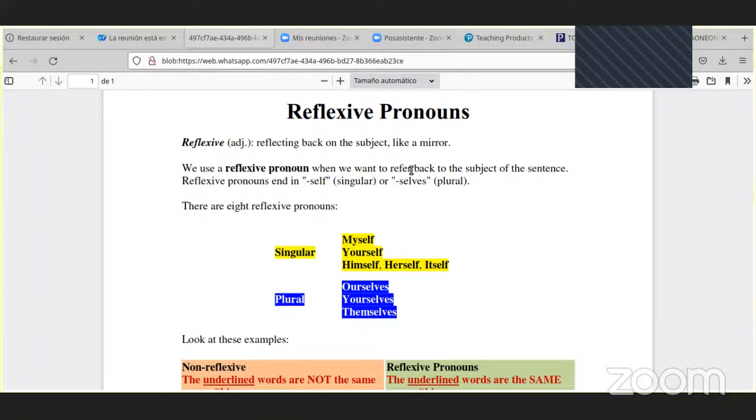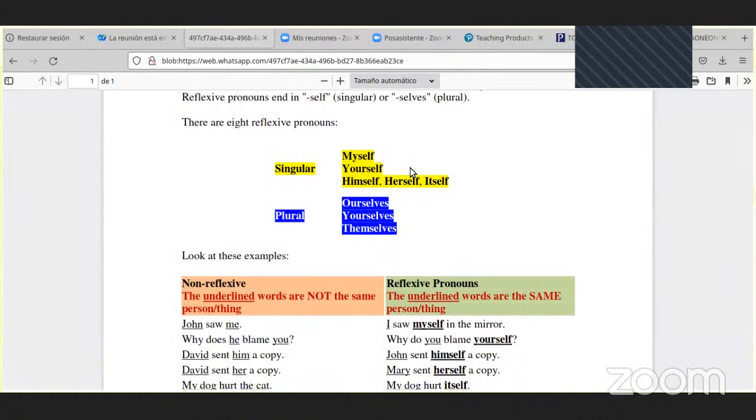And here we have a list. This first group ends with self, and this one ends with selves. We always end with self when we're talking about a singular pronoun, and we end with selves when we're talking about plural.